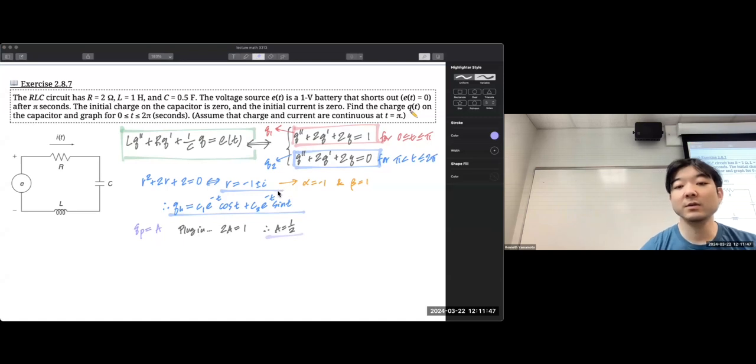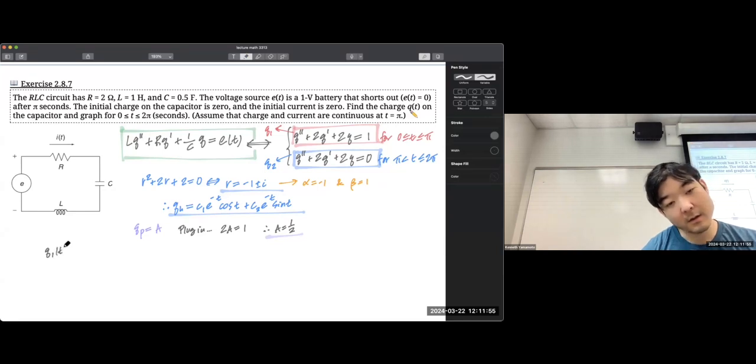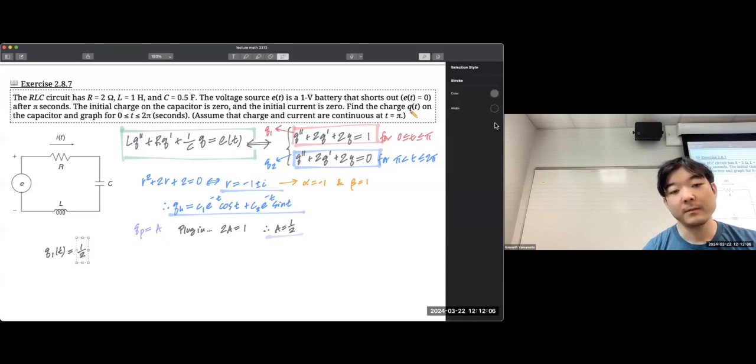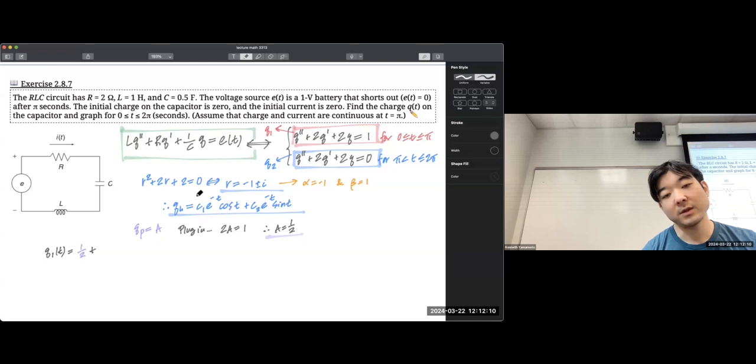So we have the general solution for Q1. I'll say here Q1 is going to equal the particular solution, which is the half, plus the homogeneous solution, which is this whole thing.